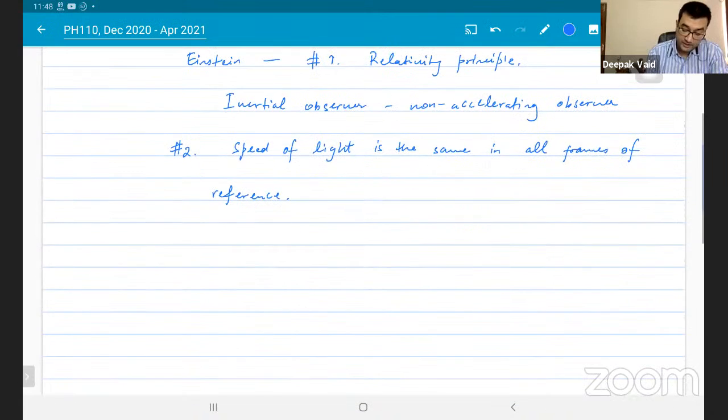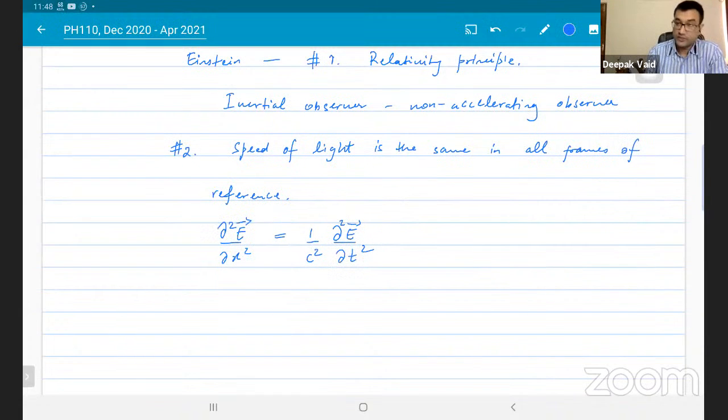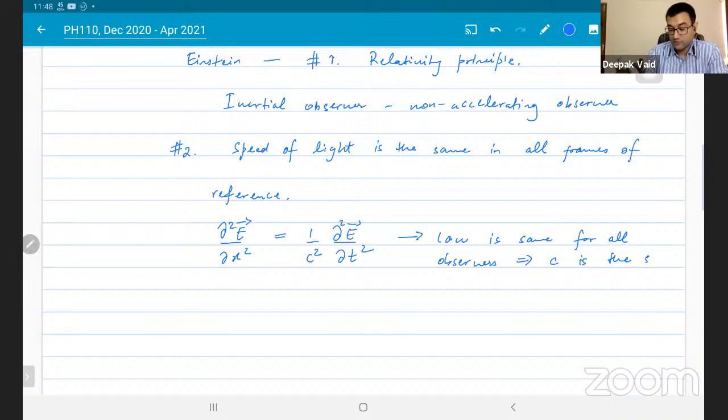And this equation tells us that light moves at some speed c. So if this law is the same for all observers, this implies that c is the same for all observers.